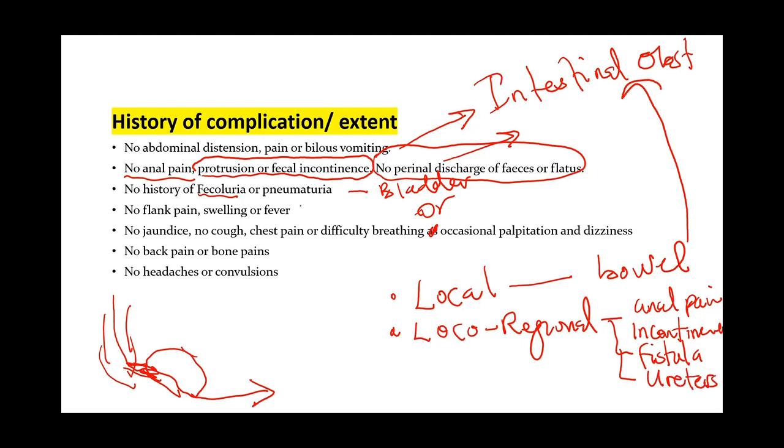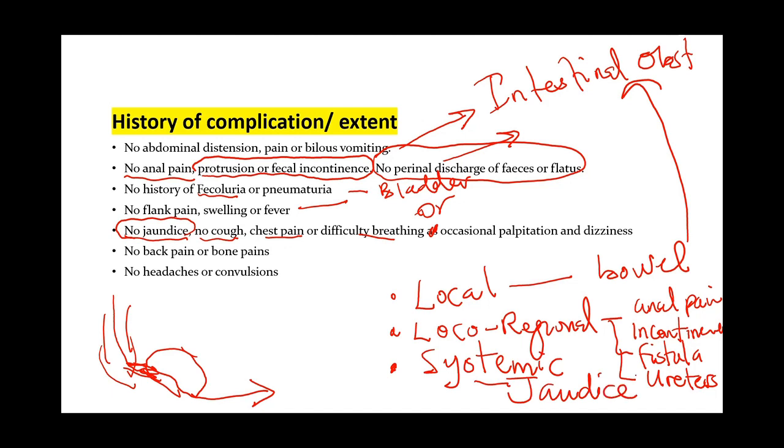The next is history of jaundice, cough, chest pain, difficulty in breathing, okay? Now, you can see this is metastasis to the liver. So the next extent is systemic. When you say jaundice, it has spread to the liver.